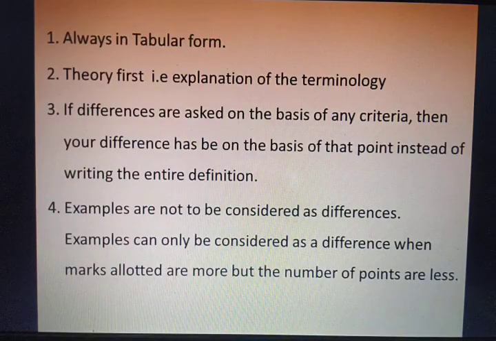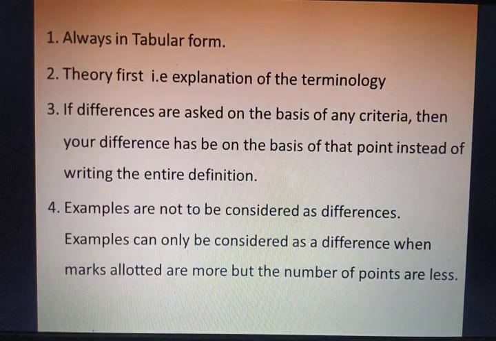The only criterion is, if you see there are 3 marks given, and the number of differences feasible is only 2, then you give an example as one of the differences. Marks 3, differences 2, then examples will be considered as one of the differences.